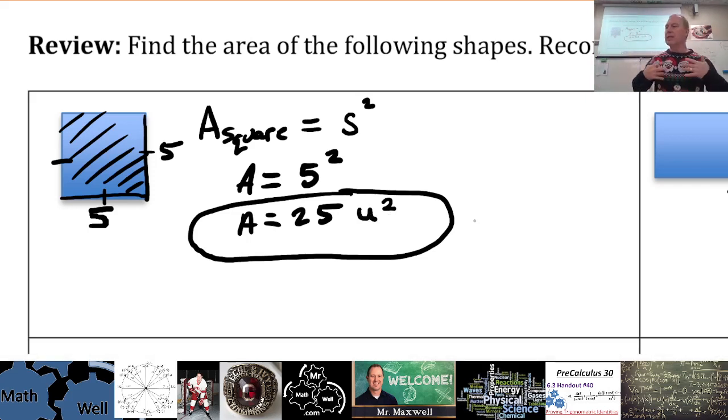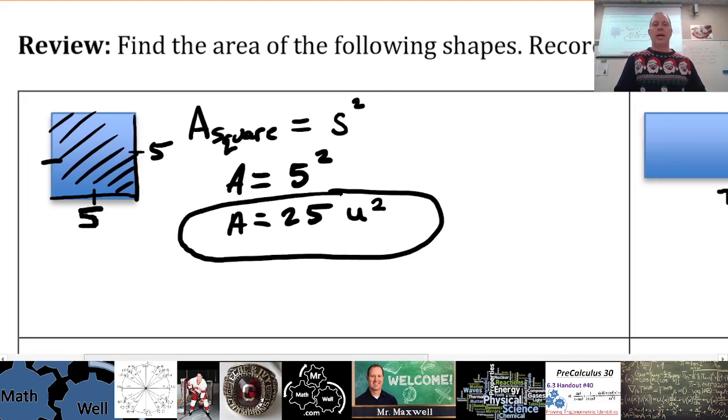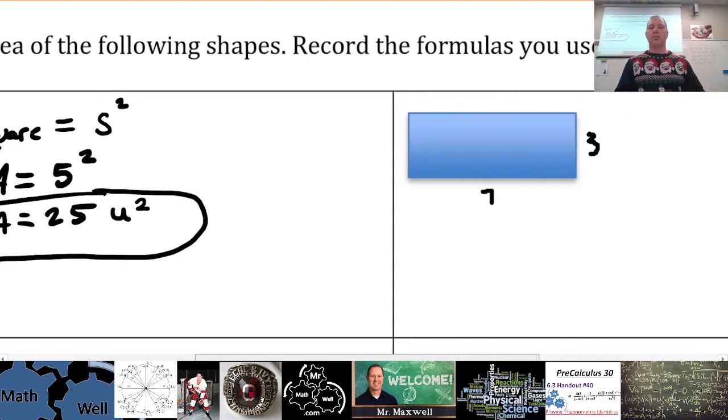I am going to require you to practice putting your units on all of your answers. And for area, it's always units squared, or centimeters squared, or meters squared, or kilometers squared, or micrometers squared, or whatever. It's always squared. All right. I know we're going a little slow here, but I want to make sure that everybody gets it.